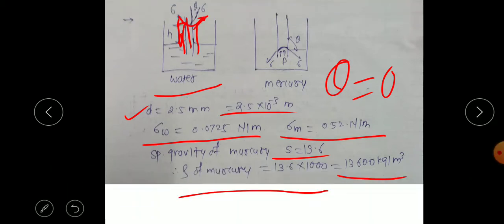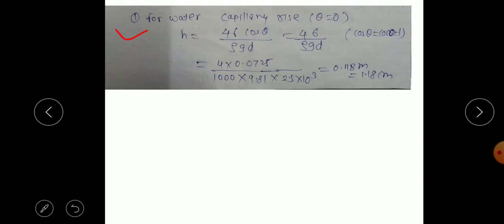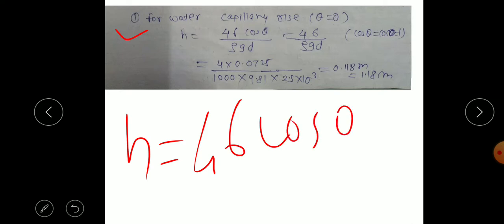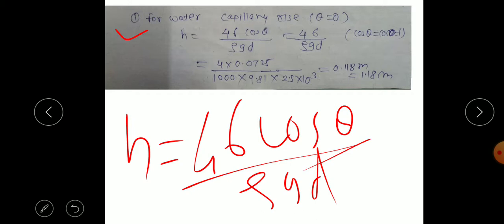So next we find first for water. The formula we have considered for capillary rise or fall is 4 sigma cos theta upon rho g d. In that, theta for water is 0, meaning water rises nearly vertical in a glass tube.